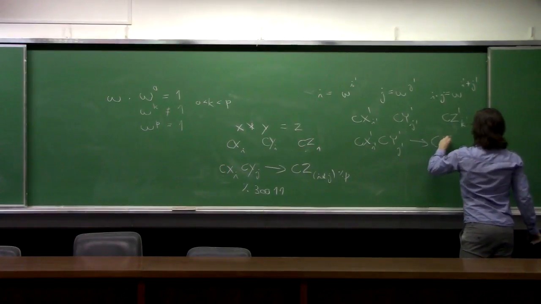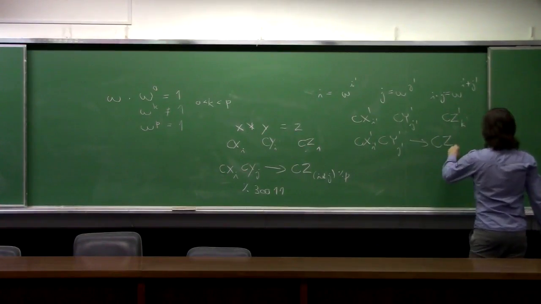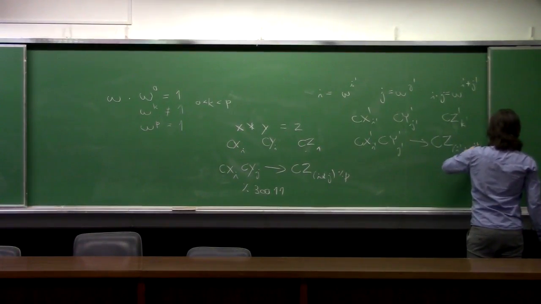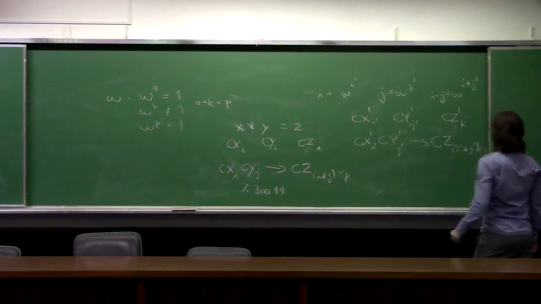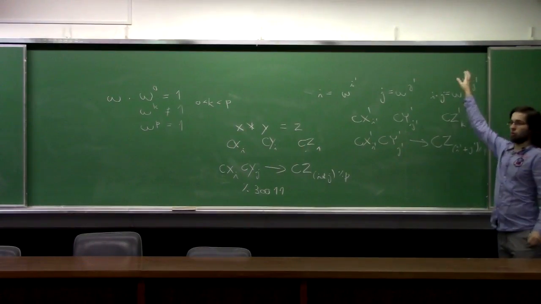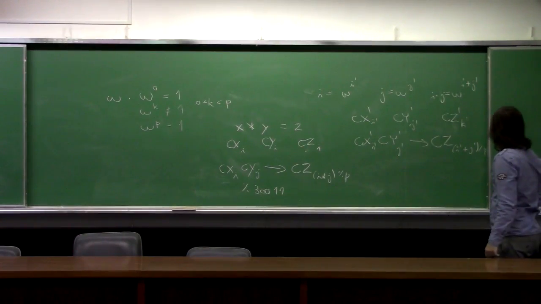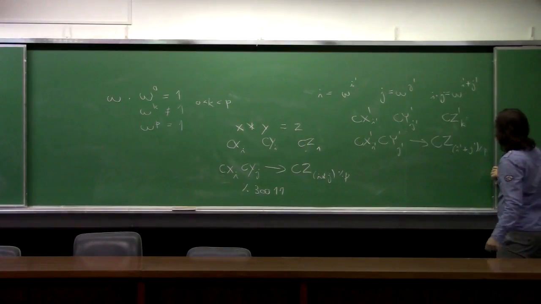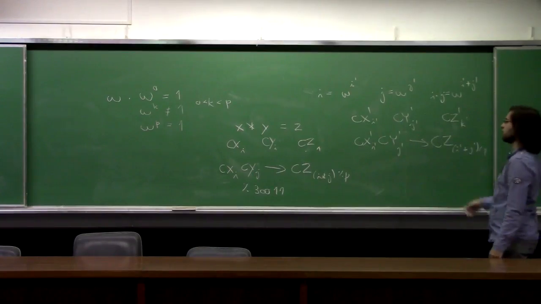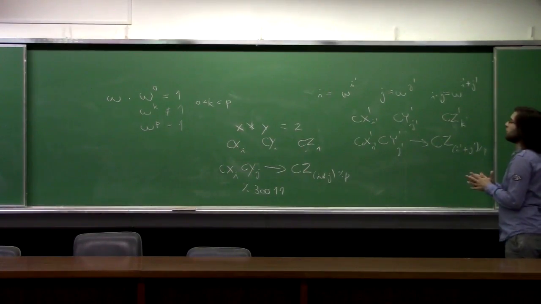So Cz of i prime plus j prime, again modulo p. These numbers are also computed modulo p, since omega to the power of p is 1.